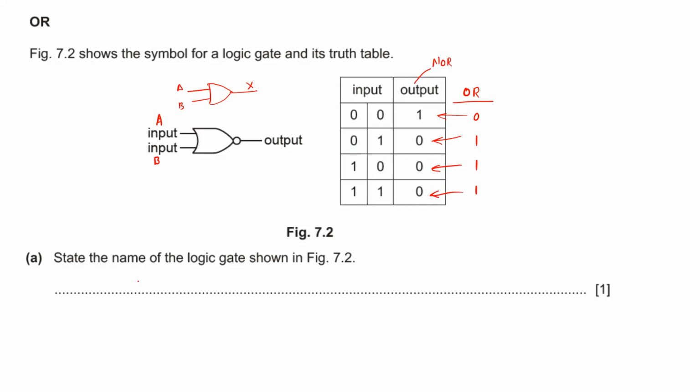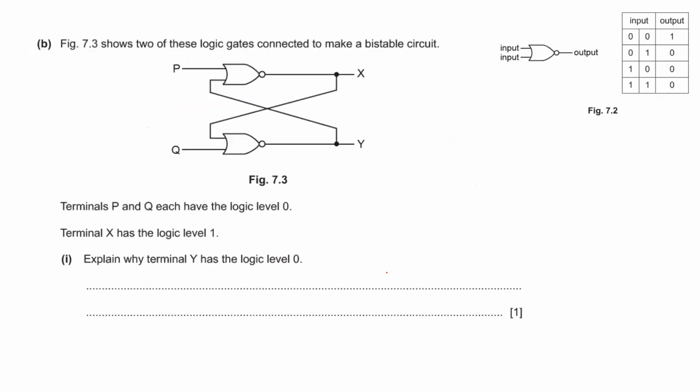So this is logic NOR, or you can say it is a NOR gate, right? Then comes part B. It says figure 7.3 shows two logic gates connected to make a bistable circuit.